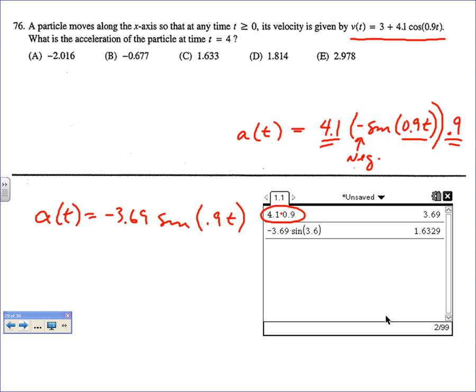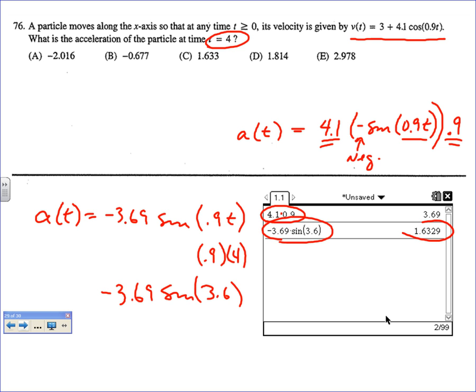Well, if I'm going to put a 4 in, and that's what I'm going to do, if t is equal to 4, it seems to me that 0.9 times 4 is 3.6. So I went off to the calculator at this point and made that calculation, and that's how I come up with letter C.